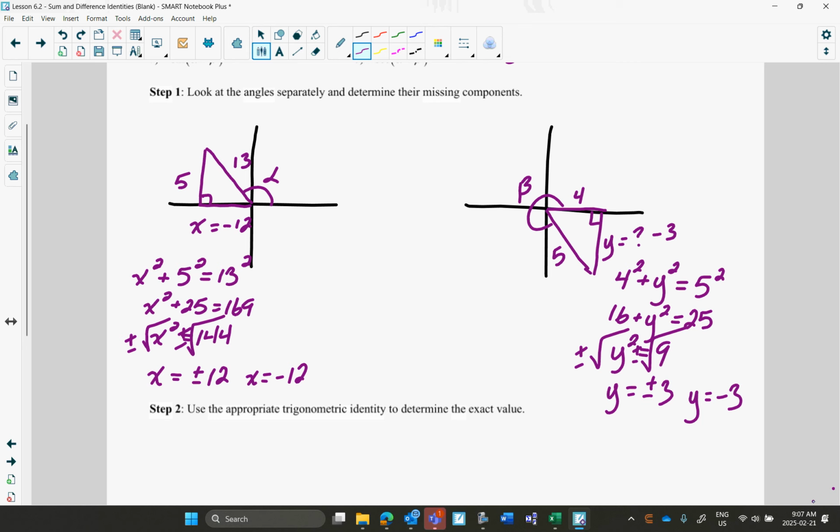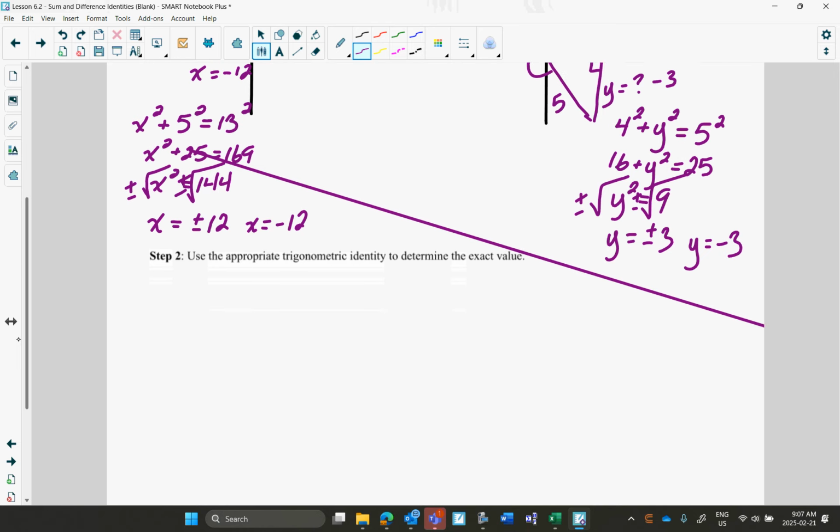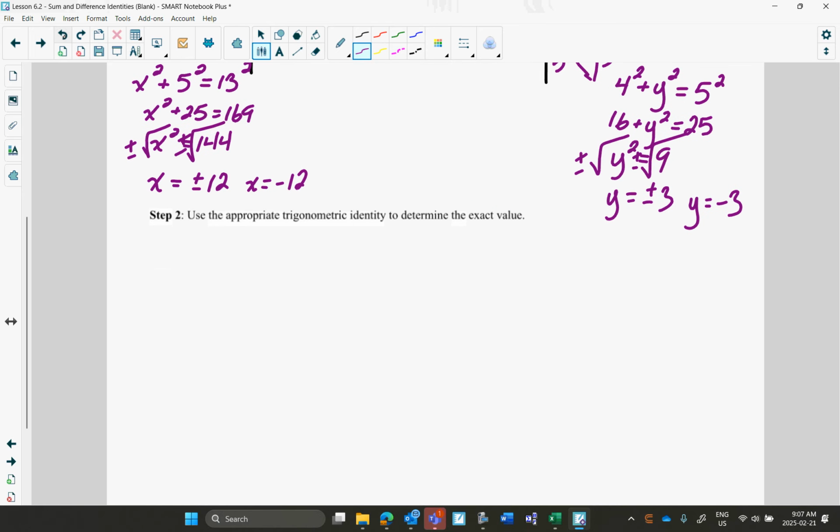Now I've got all the information I need. This is a lengthy question. So now we're ready to actually find these two. So the first one we're going to do is sine alpha plus beta.